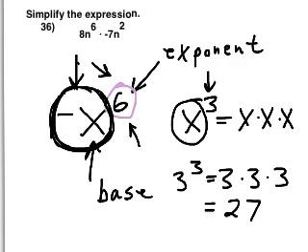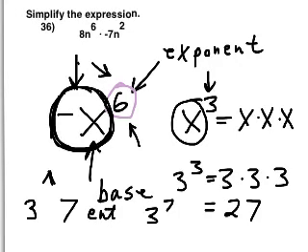If it's really a big number, say they have 3 to the 7th power and they say work it out, well then you can do it in your calculator. In the calculator, there's a little thing called a caret. You push the number first, then you push the caret button, and then you push the number of the exponent, and then push enter. And it will automatically do it for you.